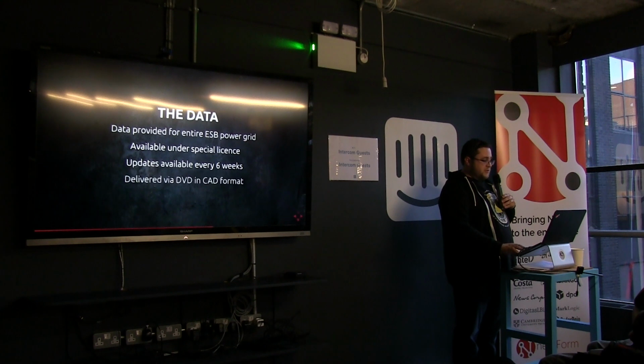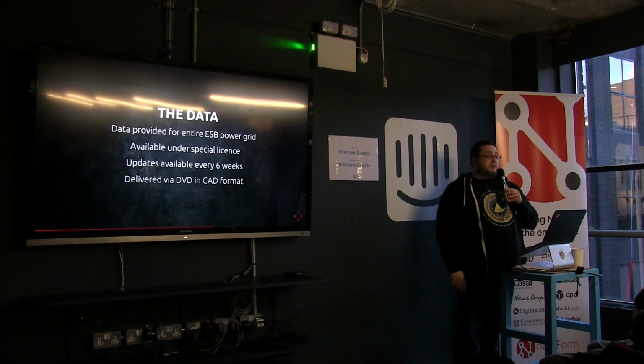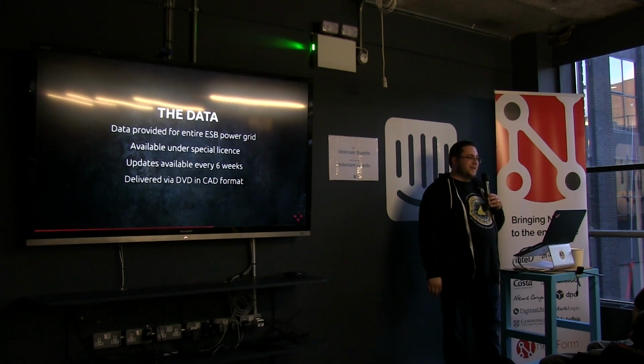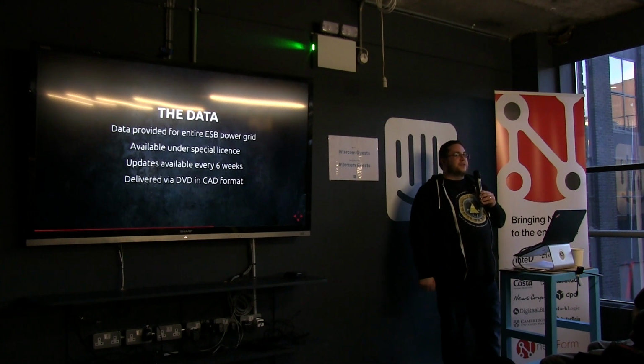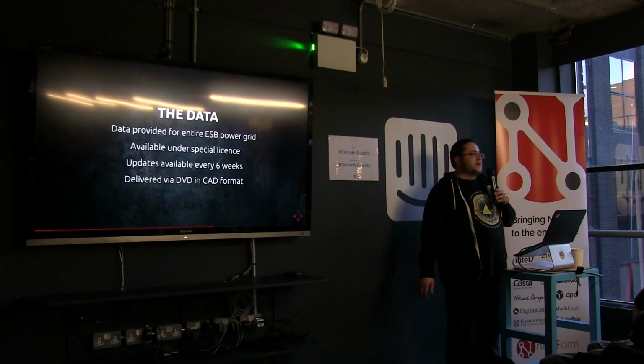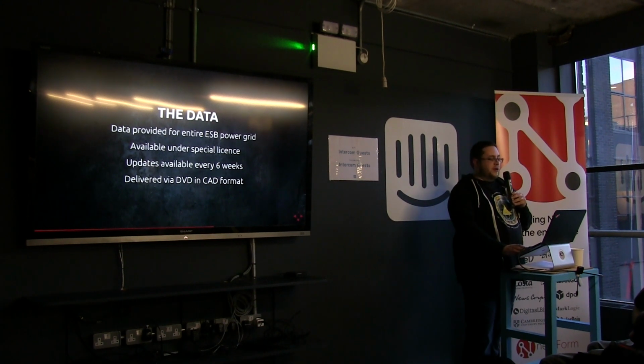The update comes every 6 weeks and it comes on a DVD. I think maybe 6 other people in the country get this disc sent to them. It's really rare and really hard to get out of them. It took like 6 or 8 months of negotiations and a lot of legal NDAs and all the rest of it going back and forth.